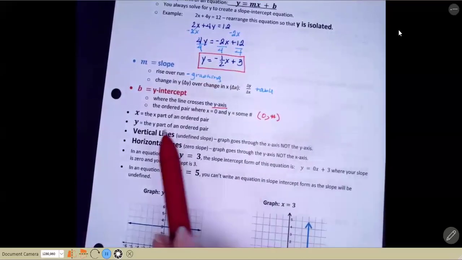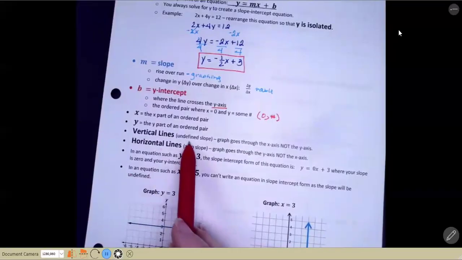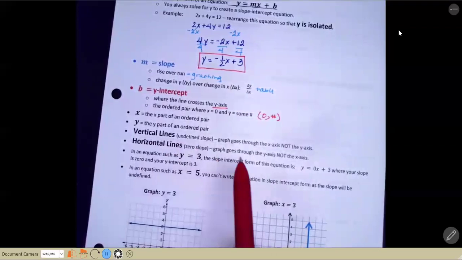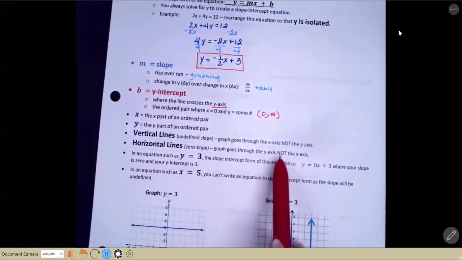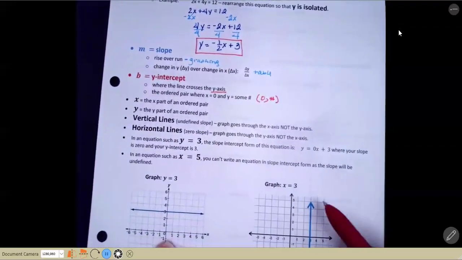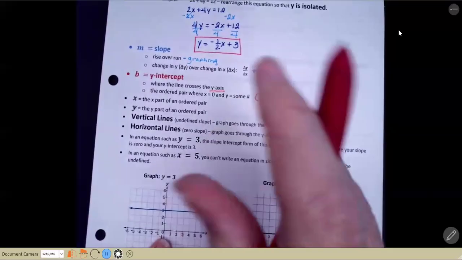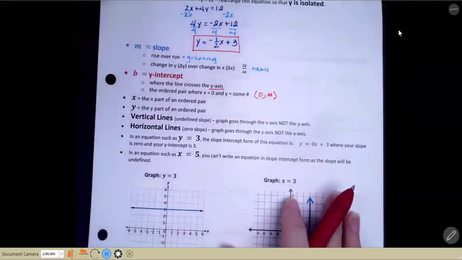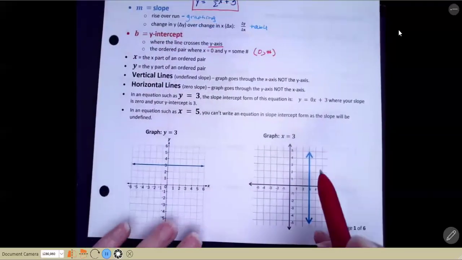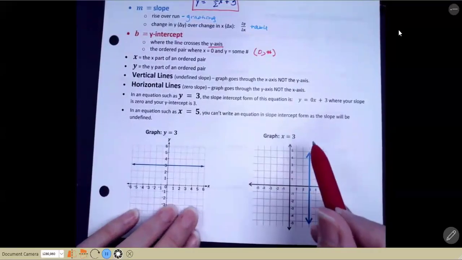Vertical lines are undefined lines, or have an undefined slope, and they go through the x-axis, not the y. For example, this one right here is a vertical line.